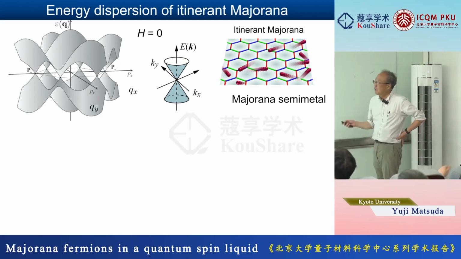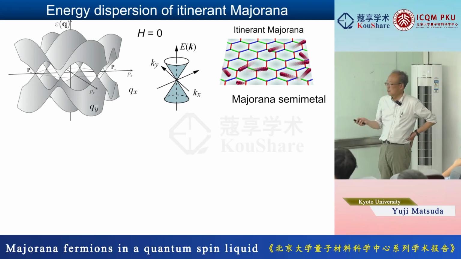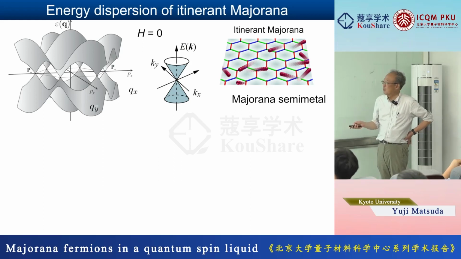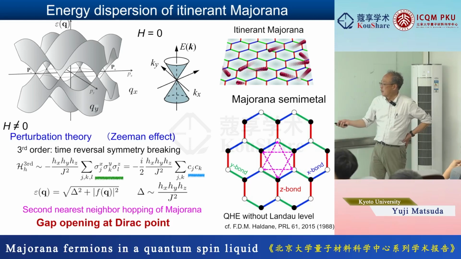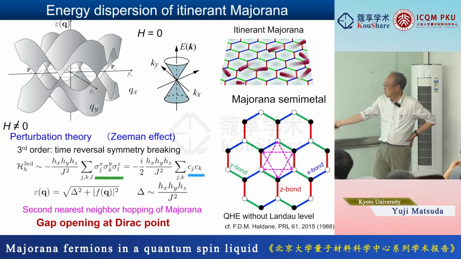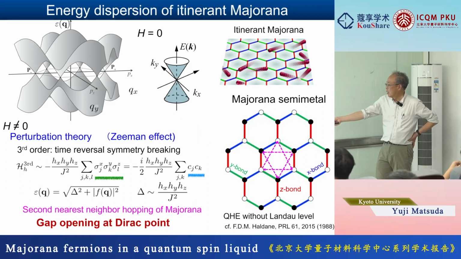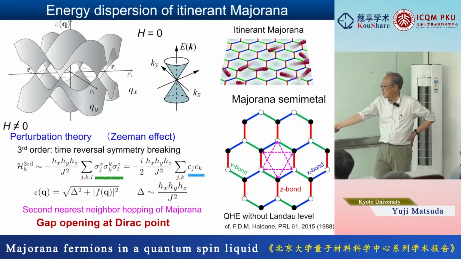But the difference between graphene and the Kitaev quantum spin liquid is the response to a magnetic field. If we apply a magnetic field, the third-order perturbation of the Zeeman term gives rise to second nearest neighbor hopping of Majorana fermions, and actually a gap opening occurs at the Dirac point.